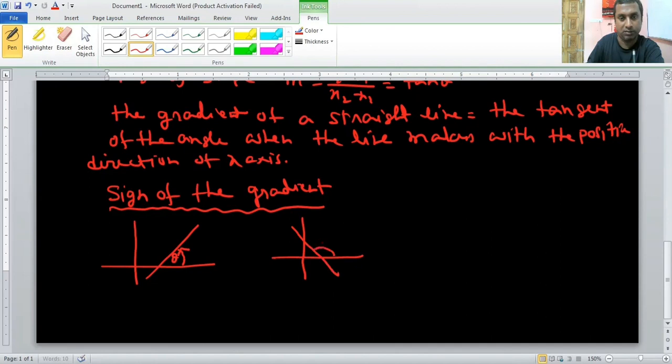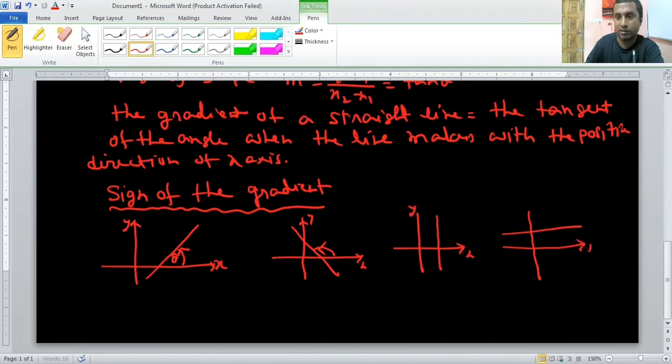This angle is created with the positive x direction, and this is the line parallel to the y-axis, and this is the line parallel to the x-axis.